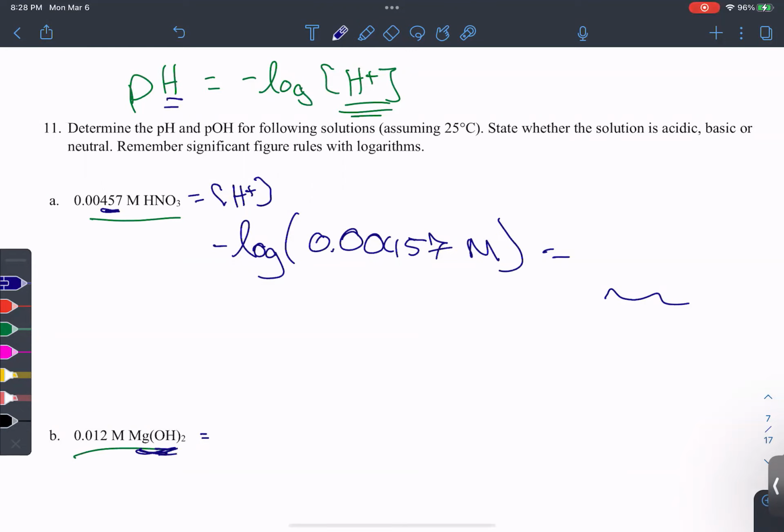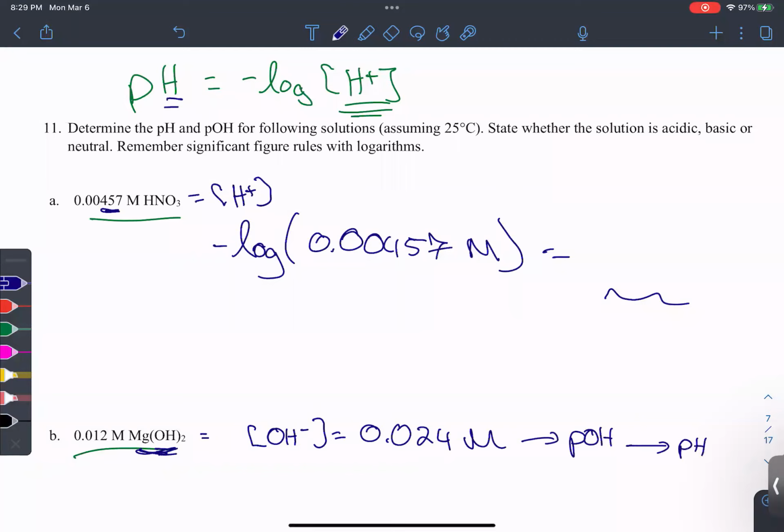Yeah, it donates 2 hydroxides because there's 2 anions there. So really the hydroxide concentration is equal to 0.024 molarity. And that's what goes into my pOH calculation, and then I can go ahead and get pH. So basically the strategy for these 2 examples is that they are strong, so they go straight into those pH, pOH calculations, all right?